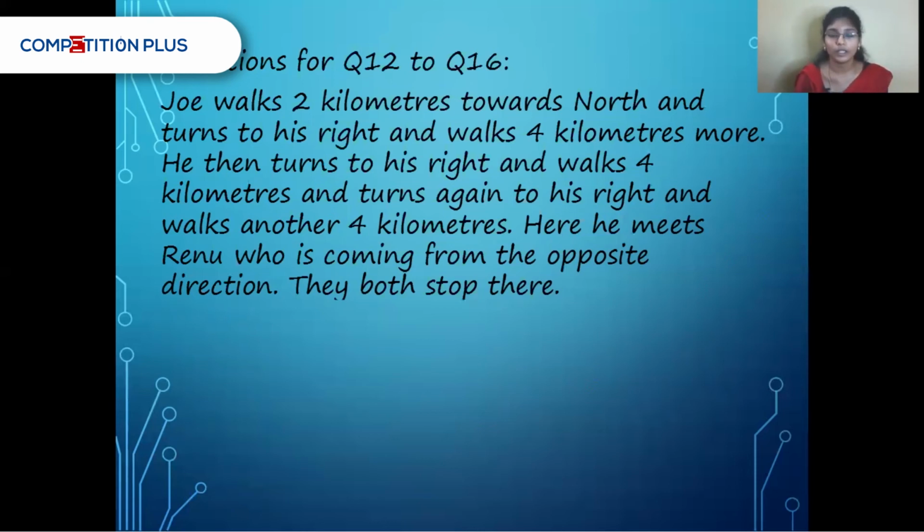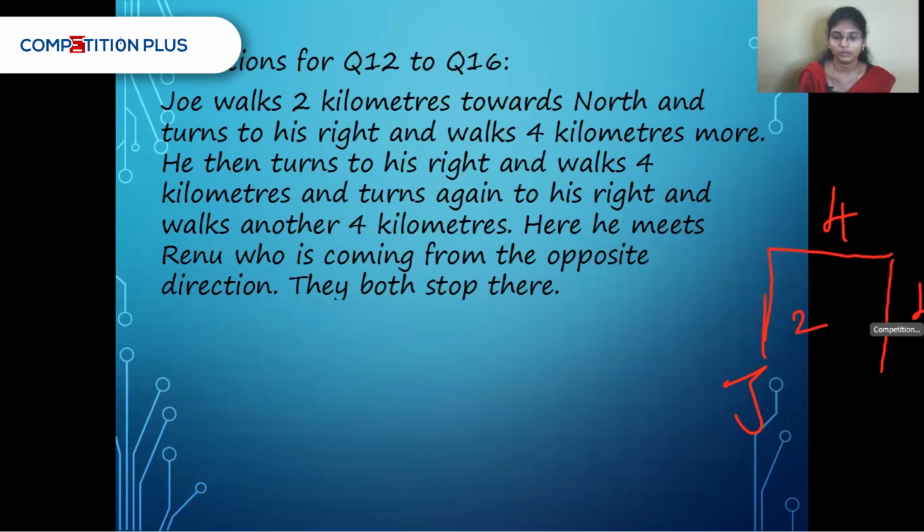Joe walks 2 kilometers towards north. So Joe is walking in the north 2 kilometers. And then he is turning towards his right and walks 4 kilometers. He then again turns towards his right and walks 4 kilometers. And then again turns to his right and walks 4 kilometers.